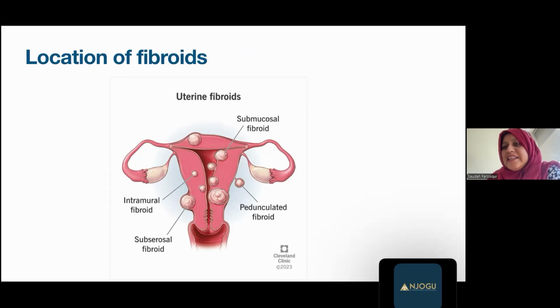When you have it in the lining, if you see the first one, which is called the submucosal fibroid, that means it's indenting into the lining and it's more in the endometrium as opposed to the muscle of the uterus.